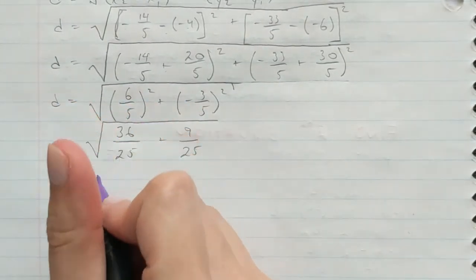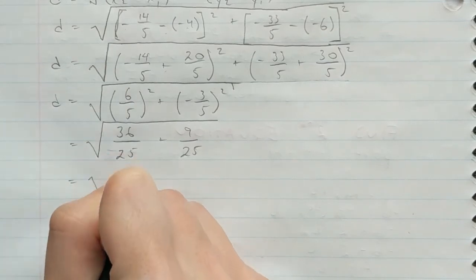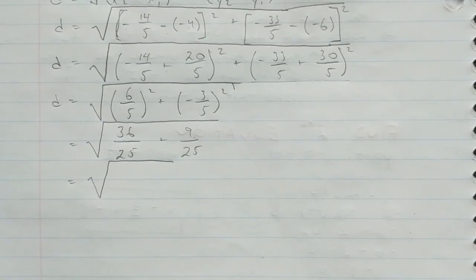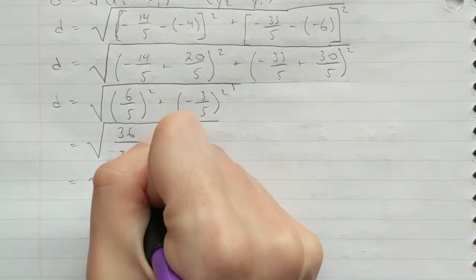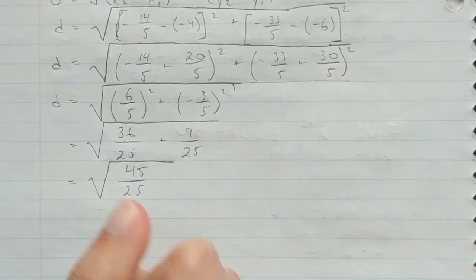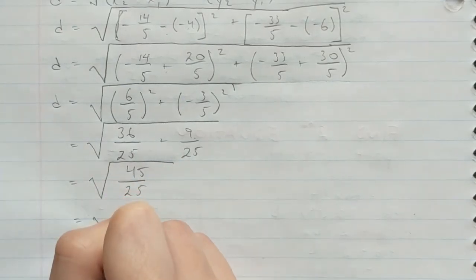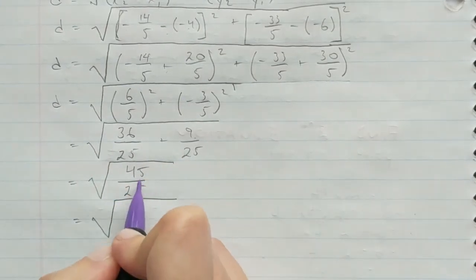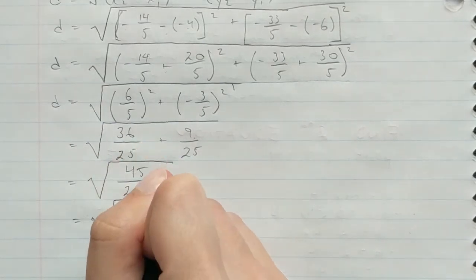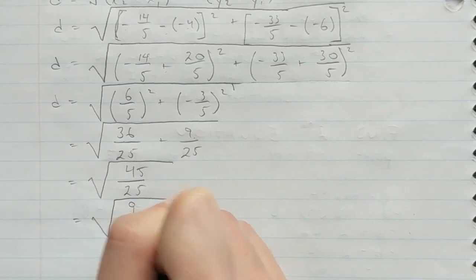We keep doing this. This is going to be the square root. 36 plus 9 is 45, so this is going to be 45 over 25. We can reduce this fraction by dividing the top and the bottom by 5. So this is going to be 9 over 5.